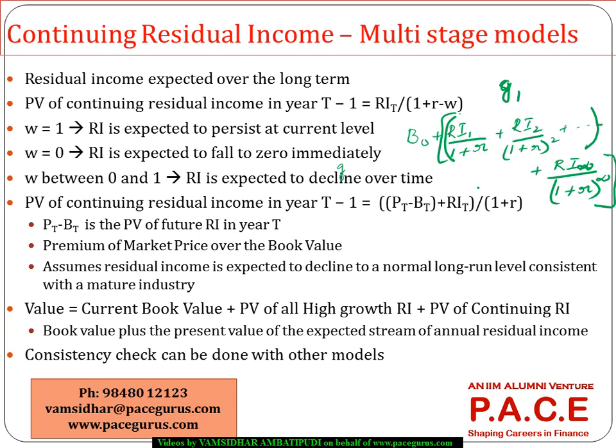The same logic is applicable even in the case of RI based models. But the way we are handling them is, wherever I have a supernormal growth rate, I compute the RIs separately for each of the periods.